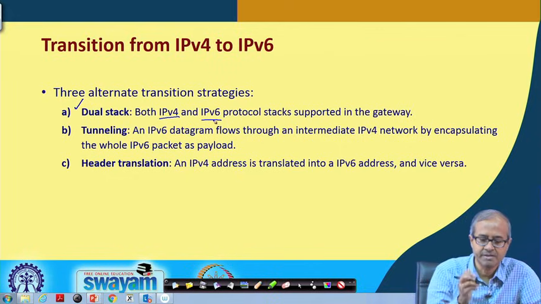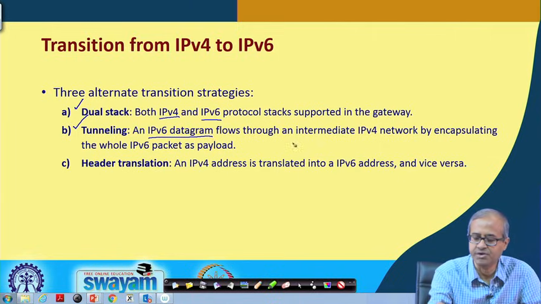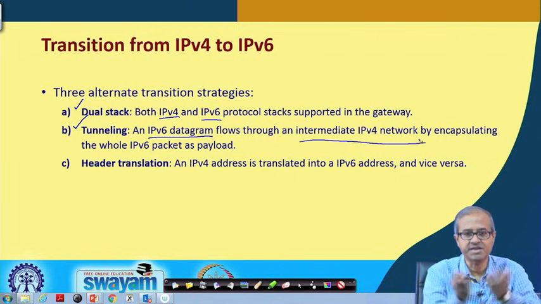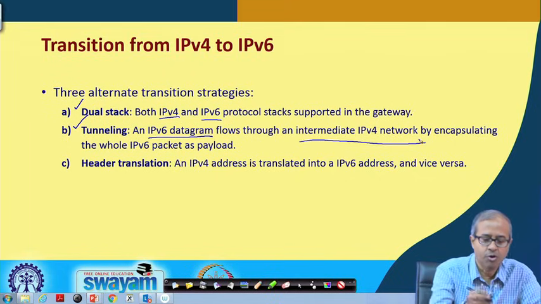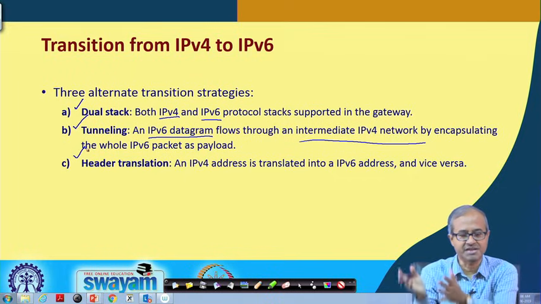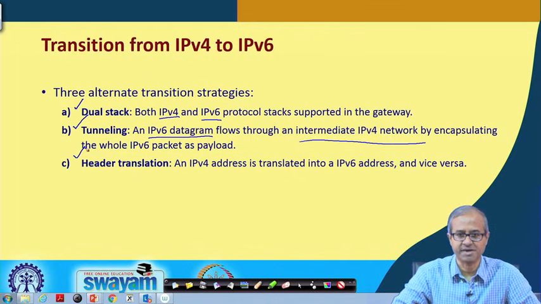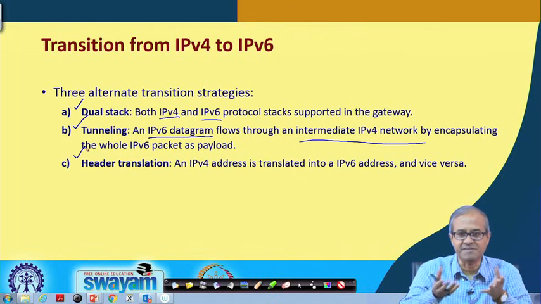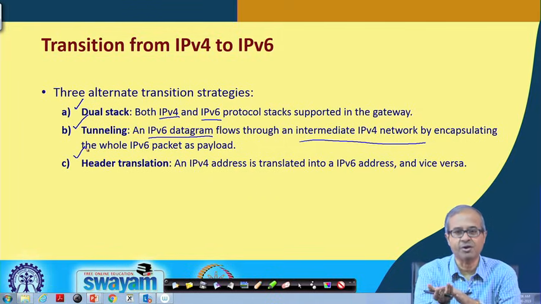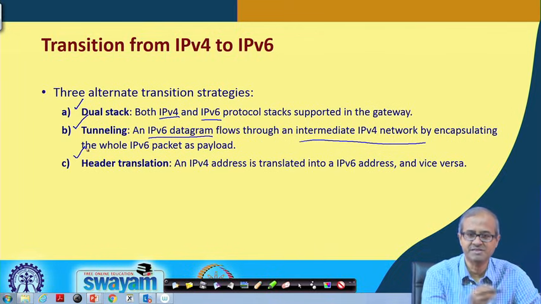You can use tunneling just like I mentioned, so an IPv6 datagram can flow through intermediate IPv4 networks using encapsulation. Or you can do some header translation. An IPv6 packet you can translate into an IPv4 packet, and on the other side translate it back to an IPv6 packet. But the problem is that many of the features IPv6 supports which were not there in IPv4 will get lost once you translate it into an IPv4 packet. Okay. So, this has very limited use.